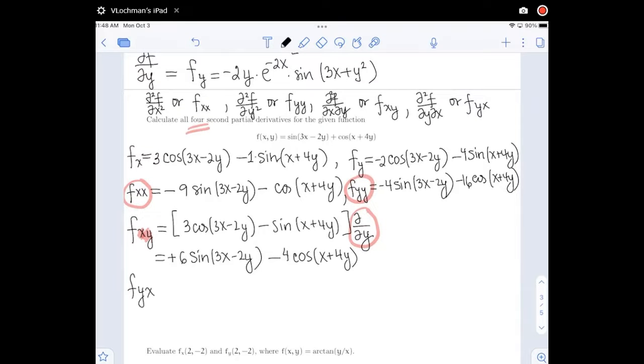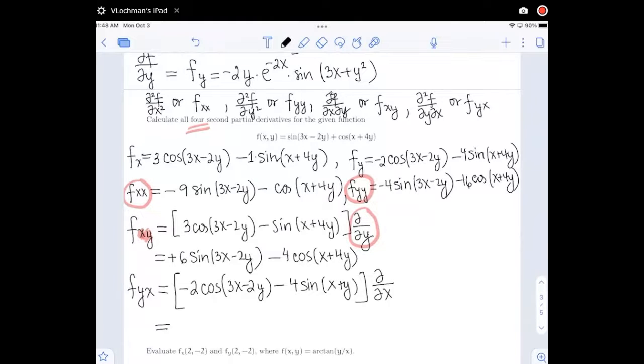Let's take a look at f with respect to y first, then x. Okay, we're going to take our first derivative with respect to y over here. And we're going to differentiate it with respect to x. Okay, let's see.